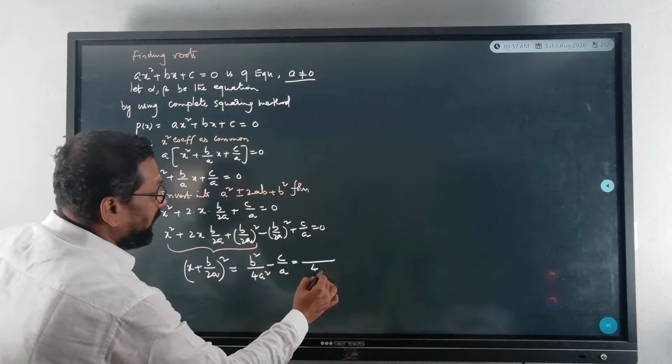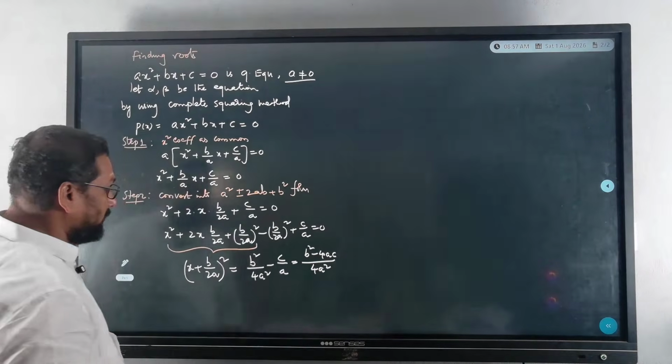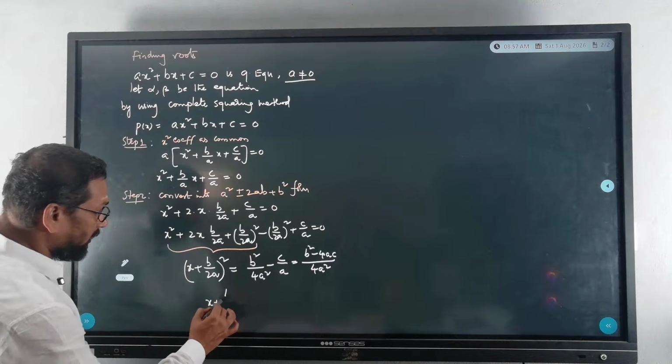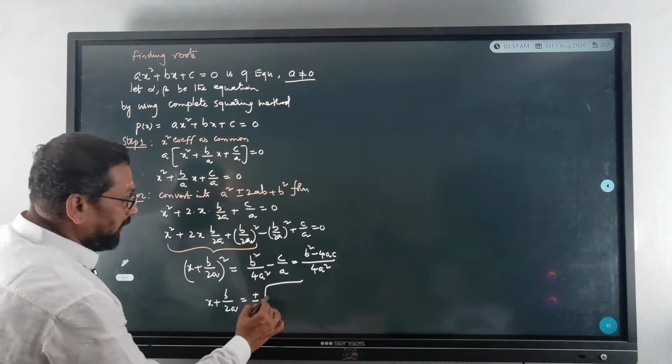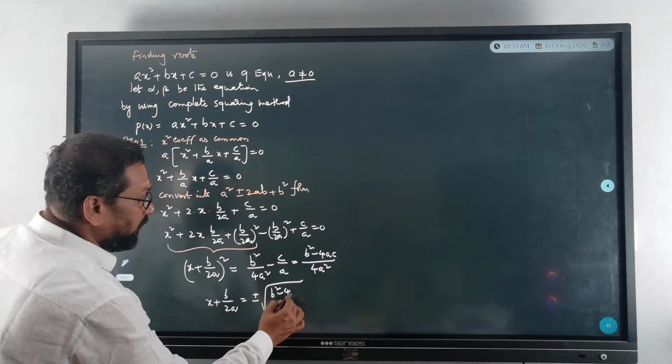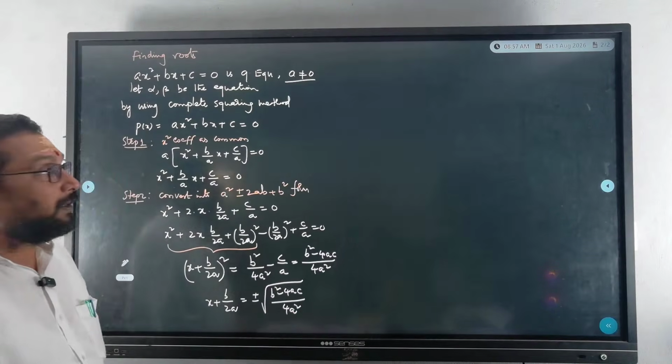If you will take LCM here, 4a square, b square minus 4ac. So x plus b by 2a is equal to plus or minus under root b square minus 4ac upon 4a square, right?